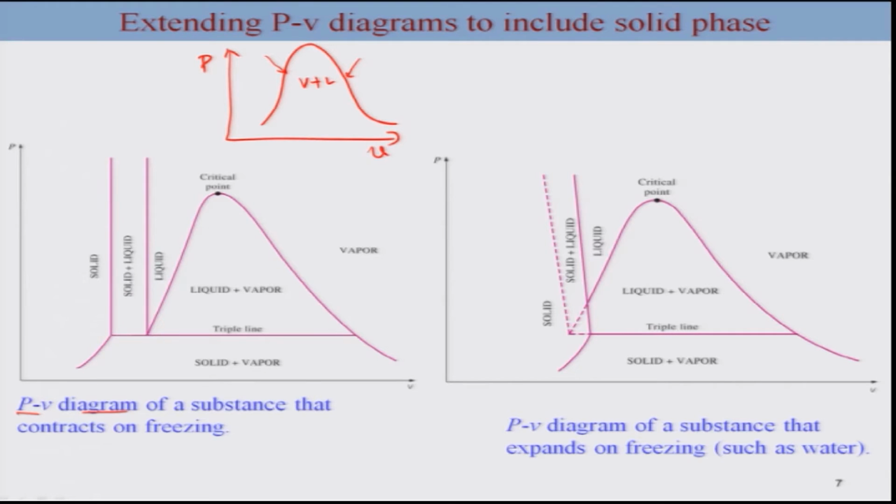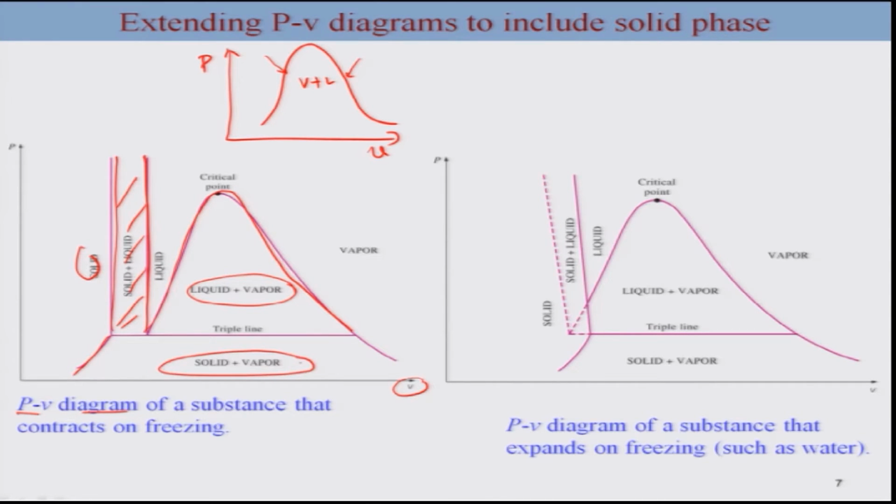So this is the same plot. When you include the solid phase as well as the solid-liquid, then essentially you get this kind of region. Similar to the liquid-vapor region, you have a solid-liquid region, and then the solid region is at lower volume up to higher pressure. And then you have another region which is solid plus vapor.